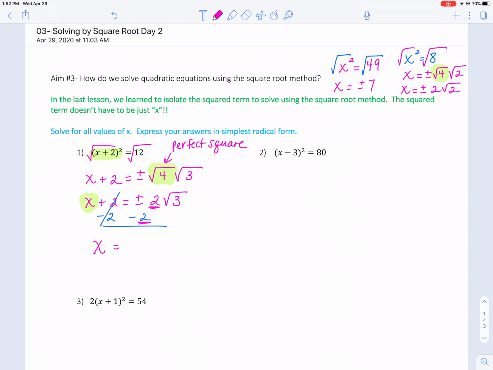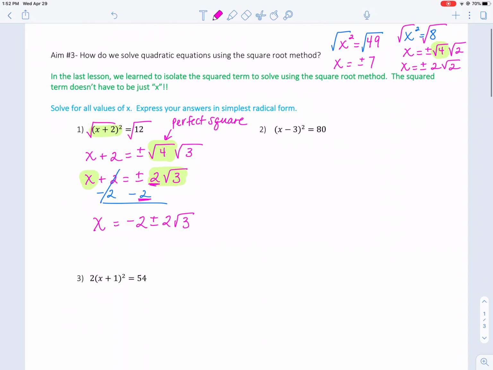These are not like terms. That 2 radical 3 is attached. So you're going to bring that negative 2 that you just brought to that side first, and then plus or minus your 2 radical 3 comes down. So that is your answer. x equals negative 2 plus or minus 2 radical 3.